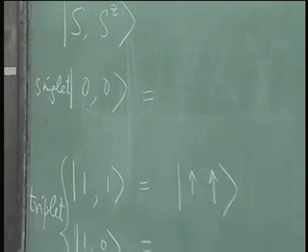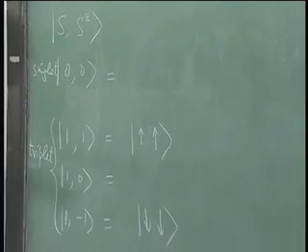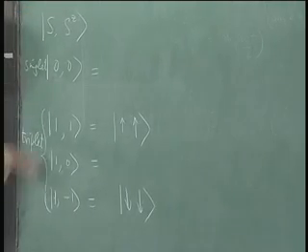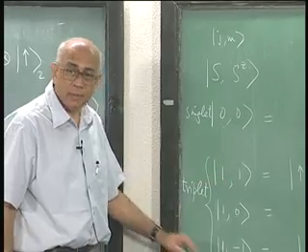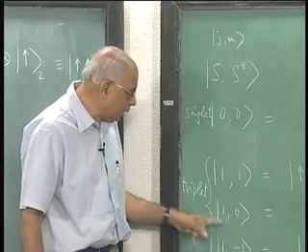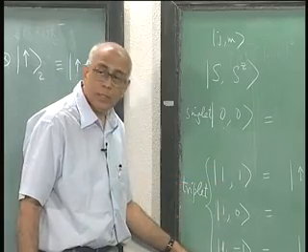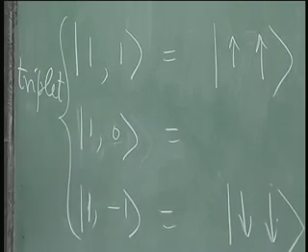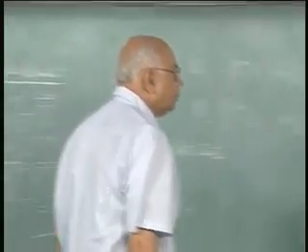Now you notice that the singlet state sits alone out here and the triplet state is one set, sits alone here, and this state here and this state here have a certain symmetry property. Suppose I exchange the 2 electrons, I interchange all the degrees of freedom of this electron with that. Does this state change at all?